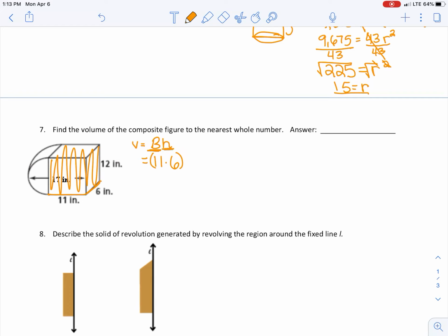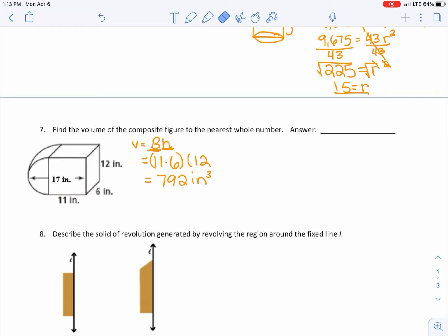And then we're going to multiply that by the height. And the height of our entire prism here is 12. So we're going to take that times 12. If we do this, we end up with 792 inches cubed. So that is going to be the volume of our orange figure.